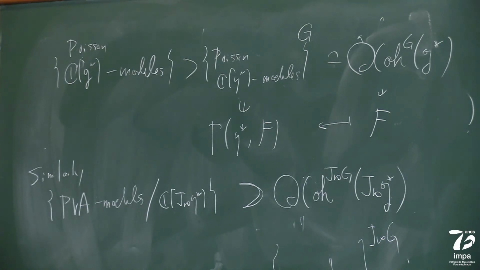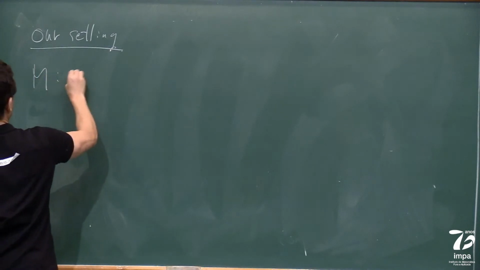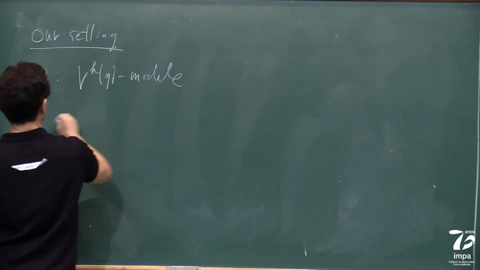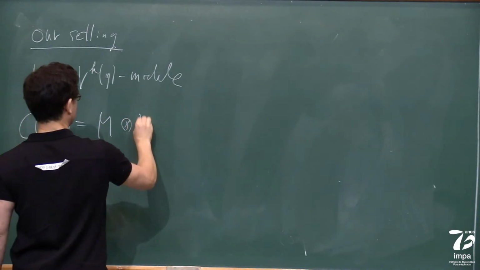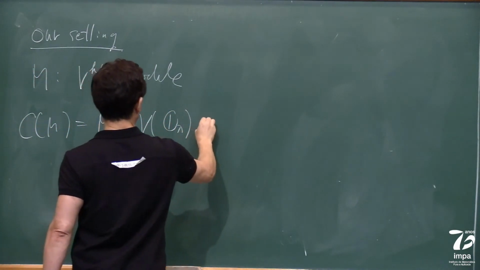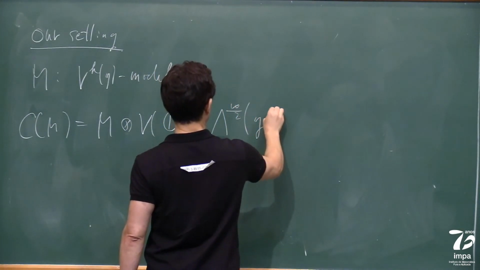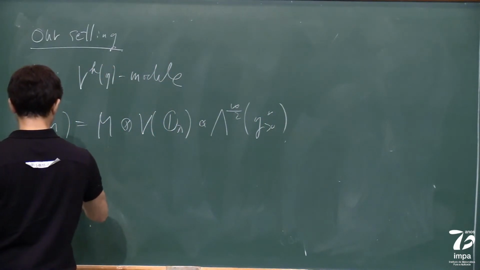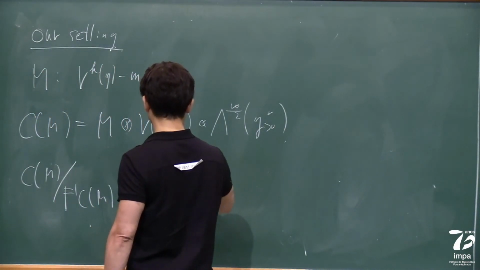What I wanted to say. Yeah, so, M was a VKG module. Then the complex is the tensor product of these things, and then the quotient by the F1 space is the same as the tensor product of the quotient by the F1 space.